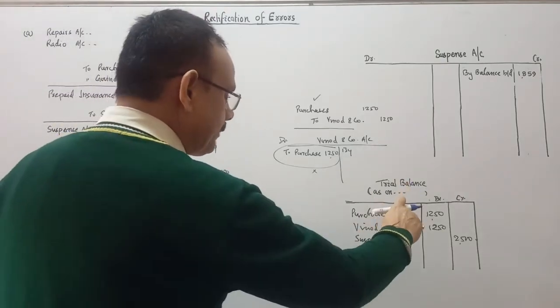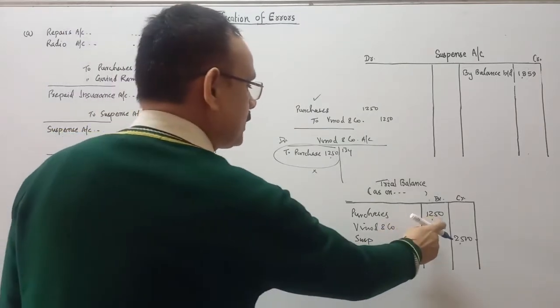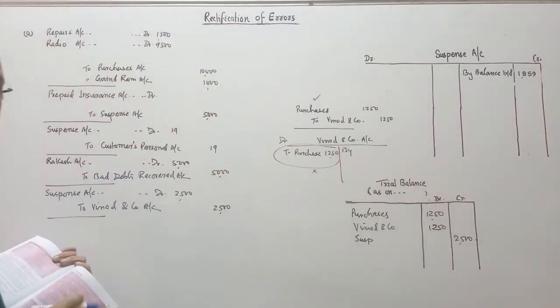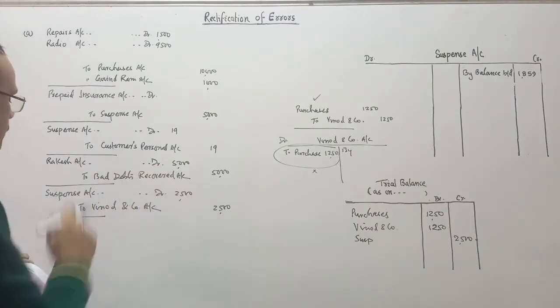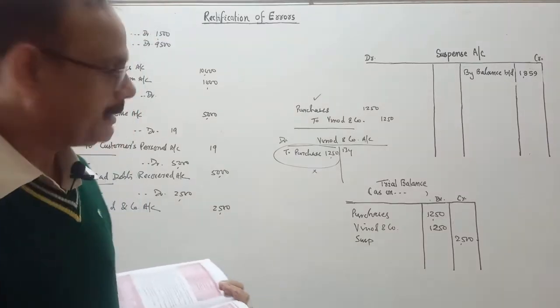So we have to give the effect in the credit side by 1250. So this 1250 will be cancelled and 1250 will be added. That's why this will be credited by 2500. So is it clear?